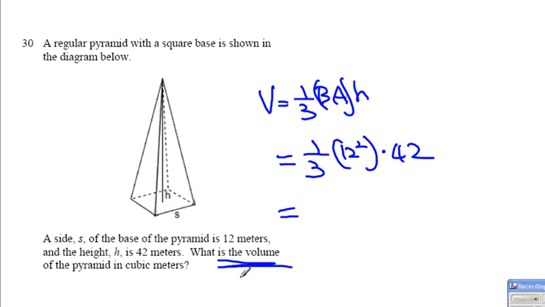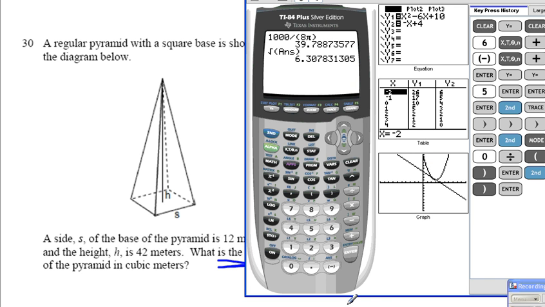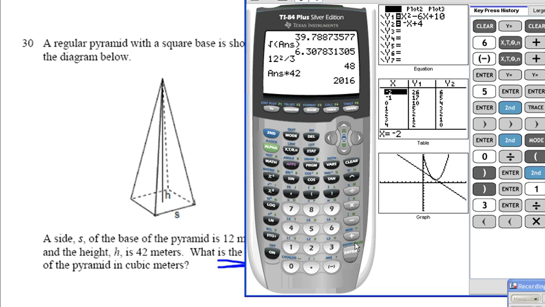So then that becomes our answer. We have 12 squared divided by 3. But we have to multiply that by 42. Multiply by 42. So 2016 becomes our final answer.